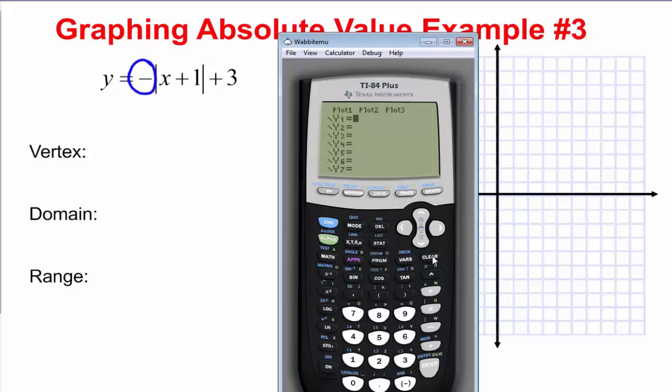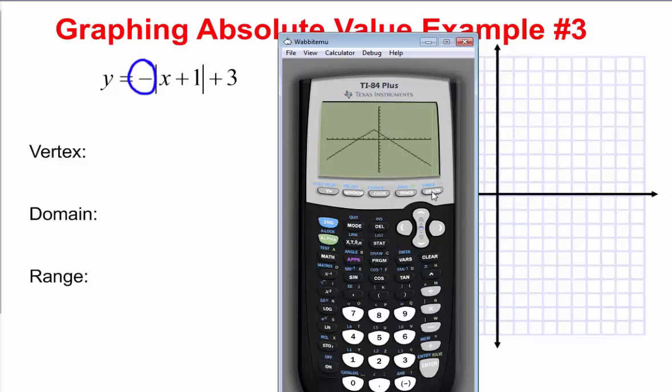So we need to put a negative sign in before we put the absolute value. So we want to select the negative sign. Now we want to go to math. Arrow over to number and select absolute value. And then we want to complete our equation. So x plus 1, close my parenthesis, plus 3. And let's take a look at the graph.